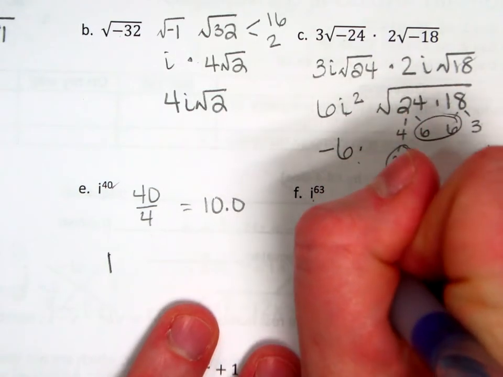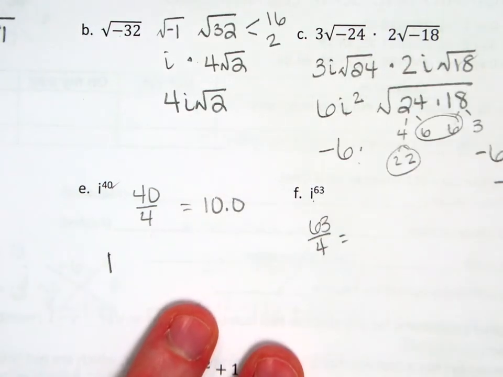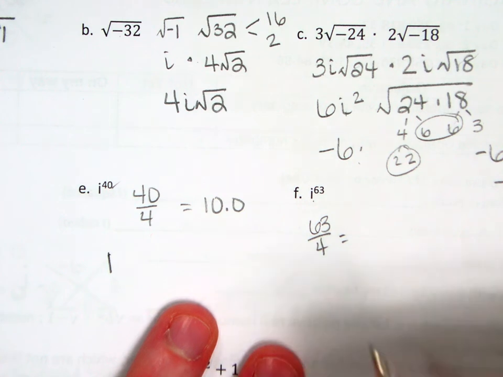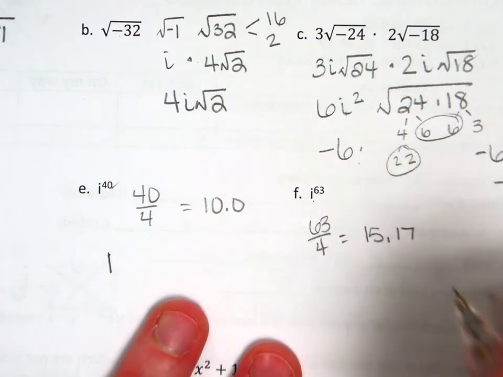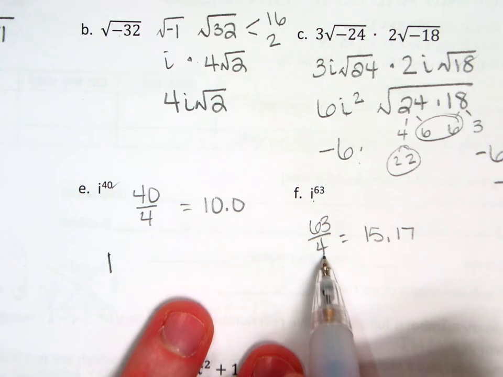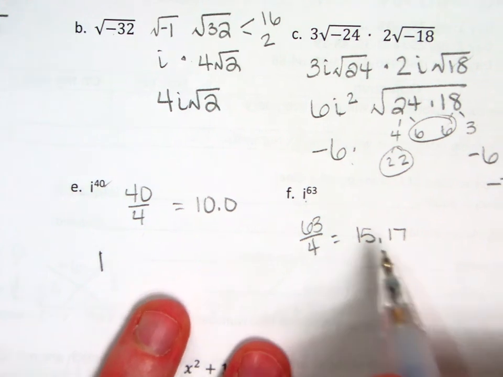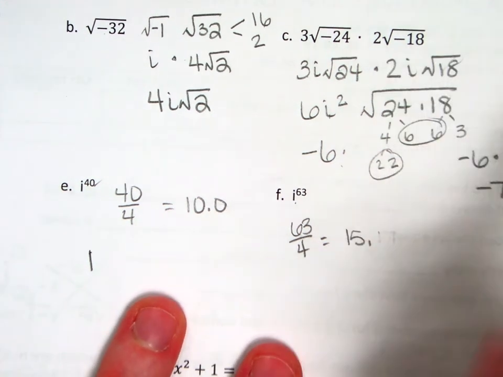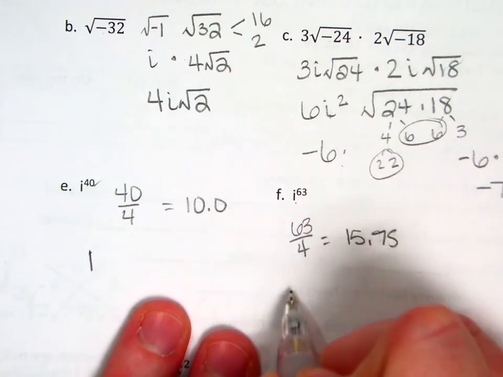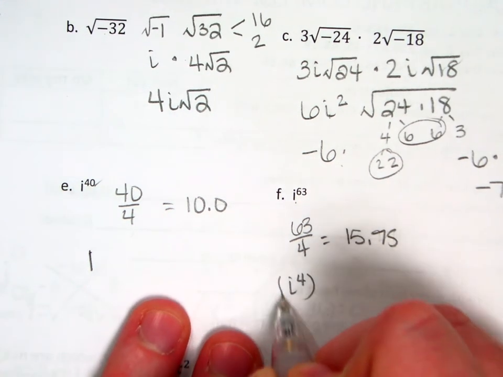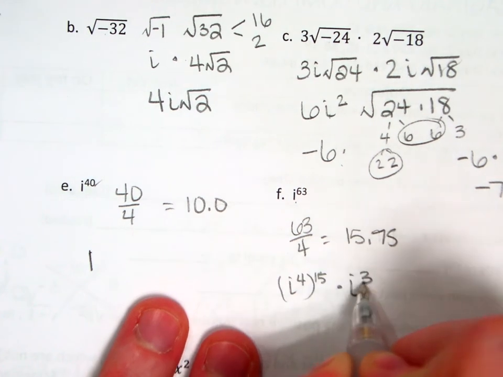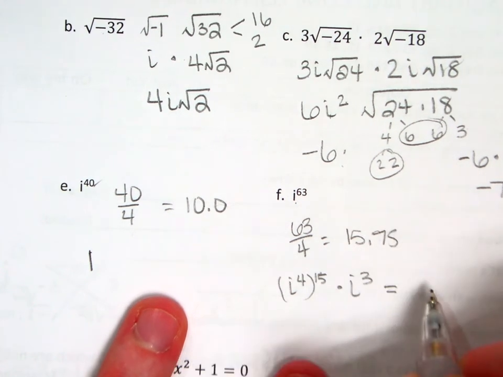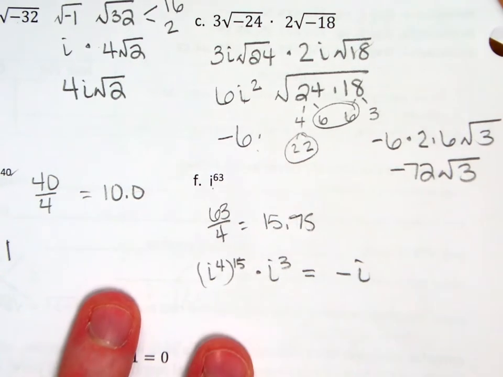Next, 63 divided by 4 equals 15.75. So I have i to the 4th, 15 times, times an i cubed, .75, not .17. The i cubed gives me the answer of negative i.